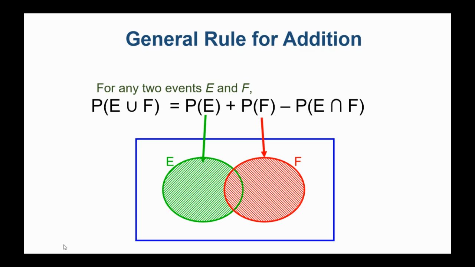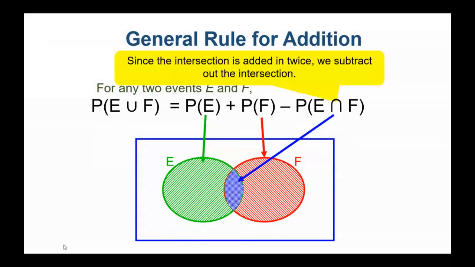Well, how many times did I just shade in the middle here? Twice. I don't want to count these twice, I only want them once. So I have to subtract out one of the intersection. That way we're not counting them twice.